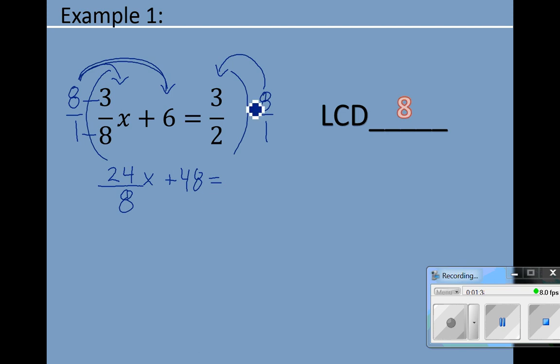And then equals 8 times 3, 1 times 2. Now, I know you think we're clearing the fraction, and we still have fractions, but if you look at the fractions we have, they will simplify to become whole numbers. Let's go ahead and simplify them to become whole numbers.